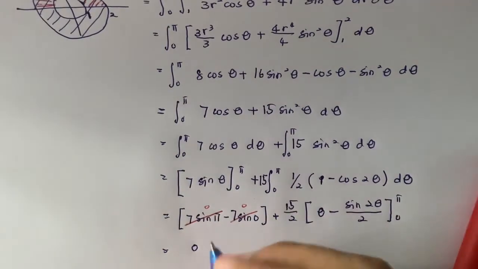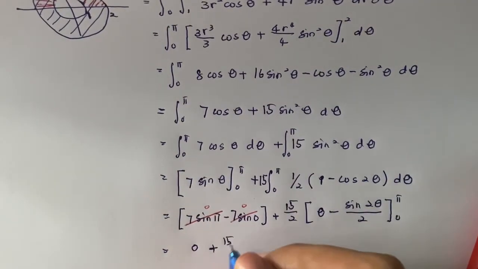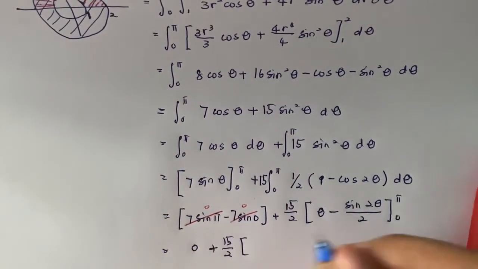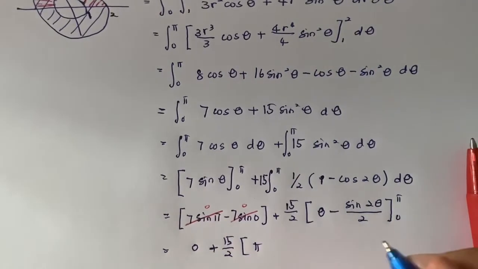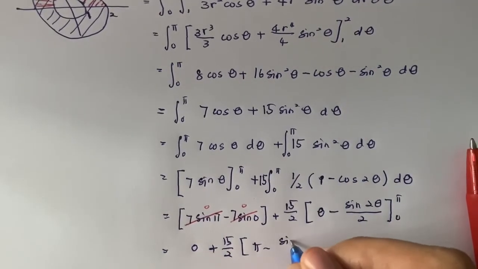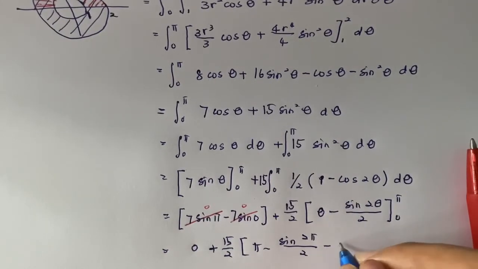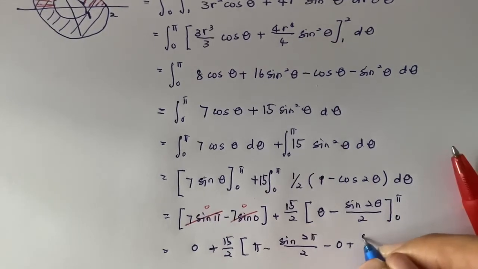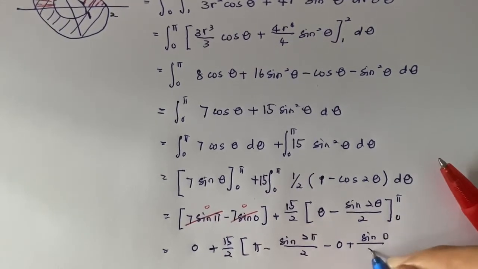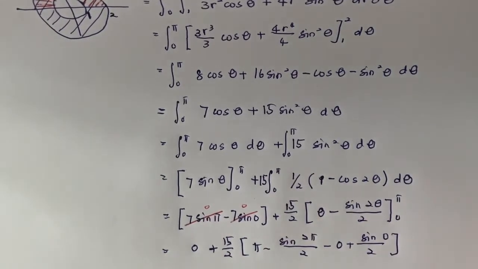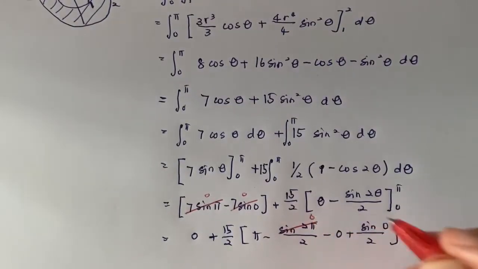So plus 15 over 2, substitute theta equal to pi minus sine 2 pi divided by 2 minus 0 plus sine 0 over 2. Again, sine 2 pi is equal to 0 and sine 0 is equal to 0.